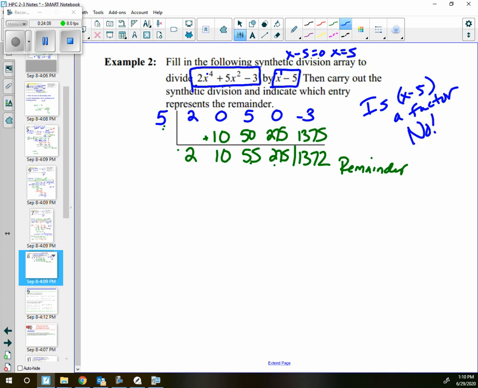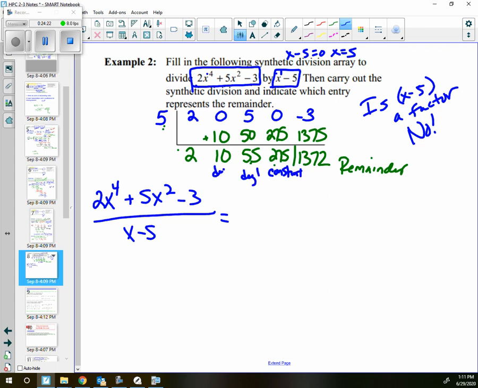So how would you write your quotient here? When I took 2x to the fourth plus 5x squared minus 3 and divided by x minus 5, what did we get? All right, so let's work our way backwards. This was the remainder. That means this would be the constant. This would be degree 1, degree 2, and degree 3. Now remember common sense. A degree 4 divided by a degree 1 should be a degree 3, right?